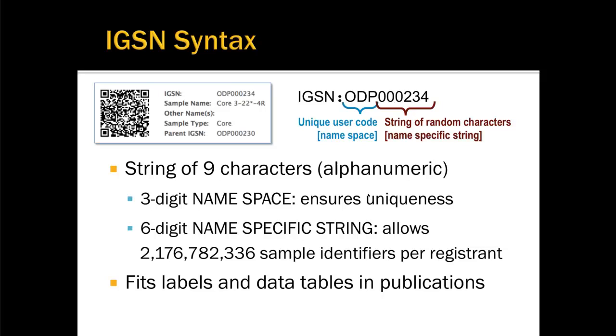We have designed the IGSN to be short enough with 9 digits to easily fit onto sample labels and into data tables in publications.